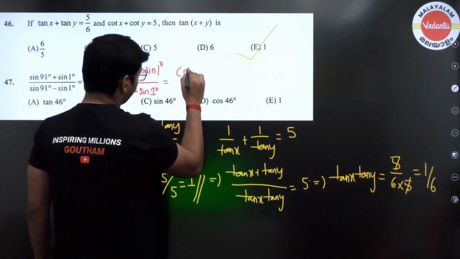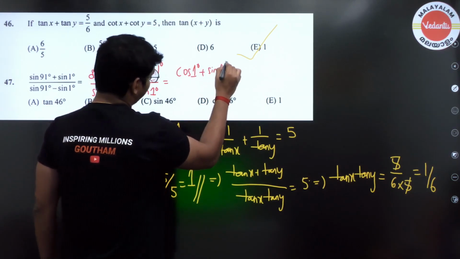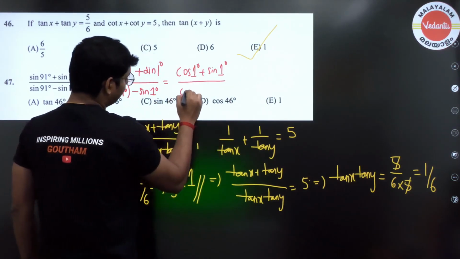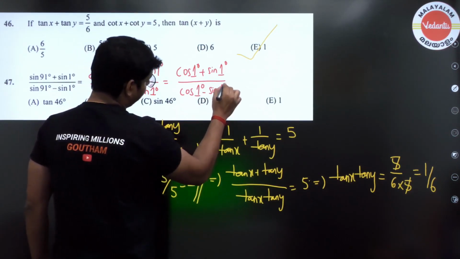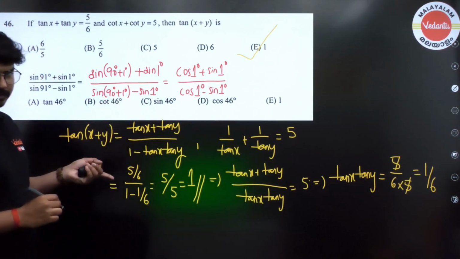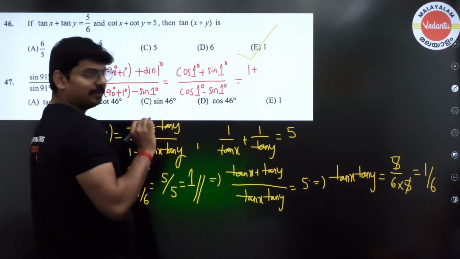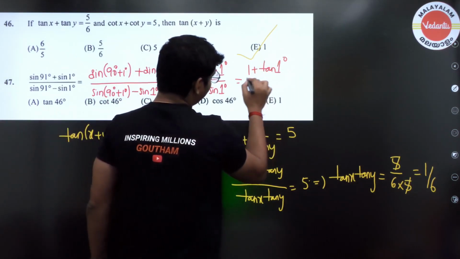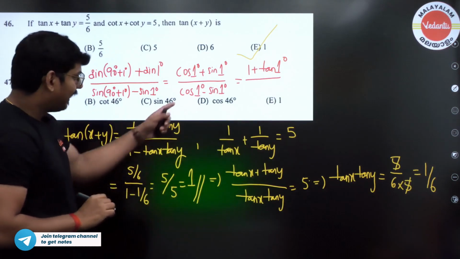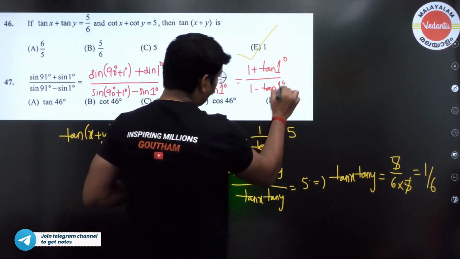So I'll be getting cos 1 degree plus sine 1 degree divided by, this is again, cos 1 degree minus sine 1 degree. I can take cos as a common. If I take cos as a common, in the numerator I'll get 1 plus sine by cos, which is going to become tan. So 1 plus tan 1 degree, and this is going to become 1 minus tan 1 degree.